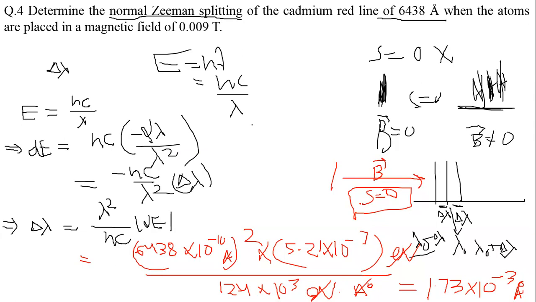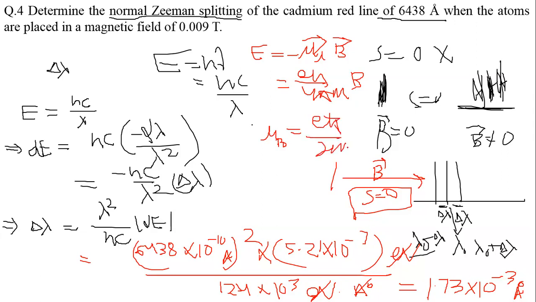Anyone has any doubt in this question? Basically, what we solved is, due to the presence of an external magnetic field, there is an interaction between the orbital magnetic moment and the field, E equals minus mu L dot B vector, where mu L is the orbital magnetic moment. This was nothing but eh by 4 pi m into B, because we know that the Bohr magneton is eh cross by 2m.